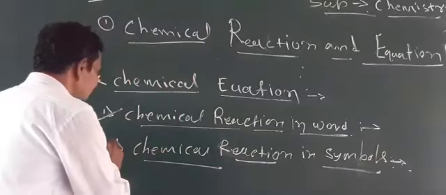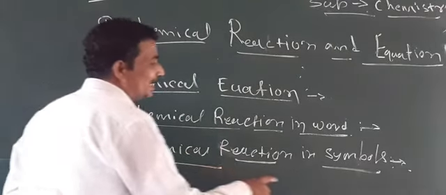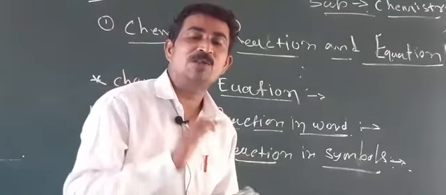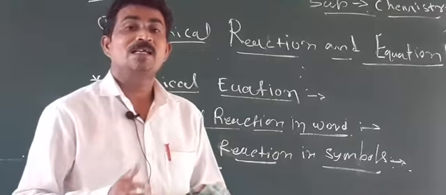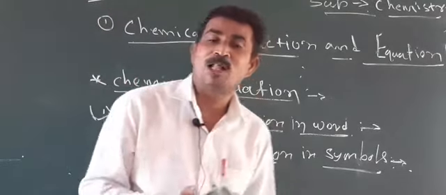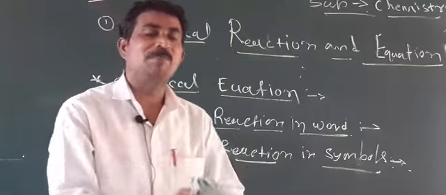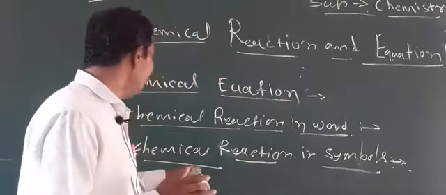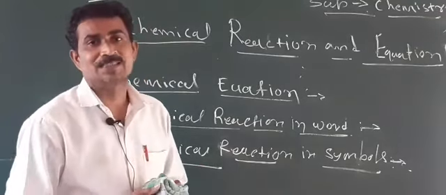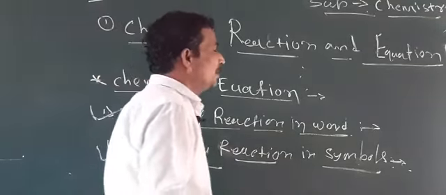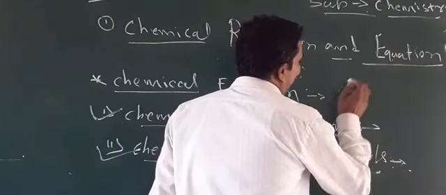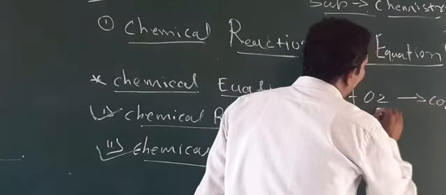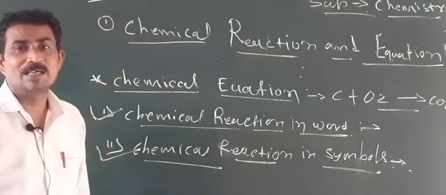And another is the chemical reaction in symbols. In short, any chemical reaction is represented using formulas or symbols. That method we call the chemical reaction in symbols. For example, C plus O2 gives CO2, a short method to complete it.